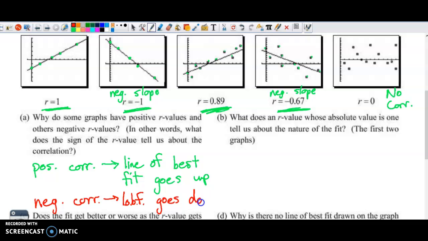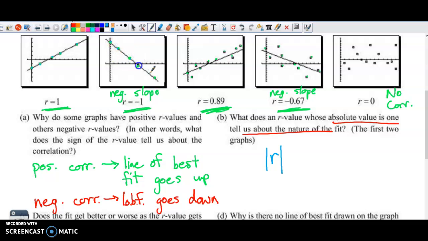And these are your notes, whatever you need to write down. And if you look at the absolute value, what is that going to tell us? If we take the absolute value of R, like on this one, you see how all the points were directly on the line of best fit.